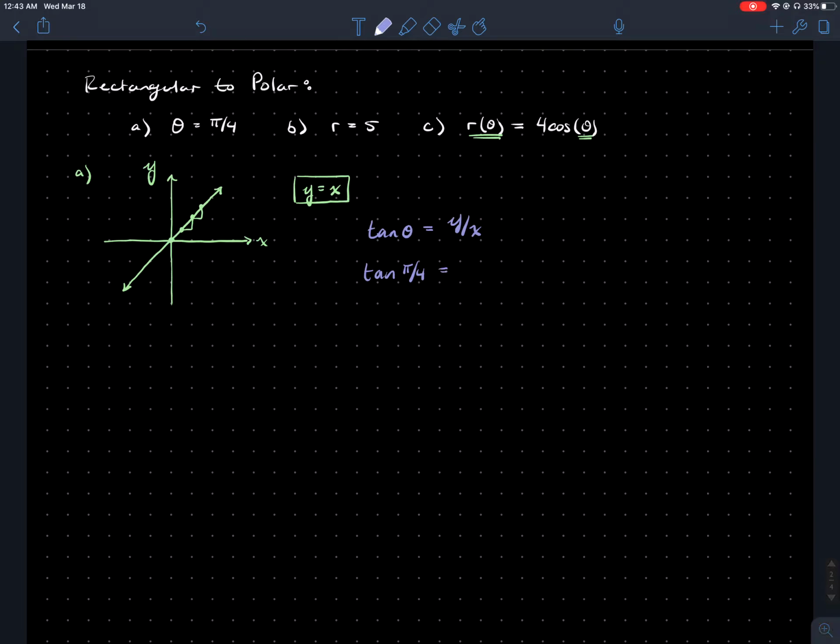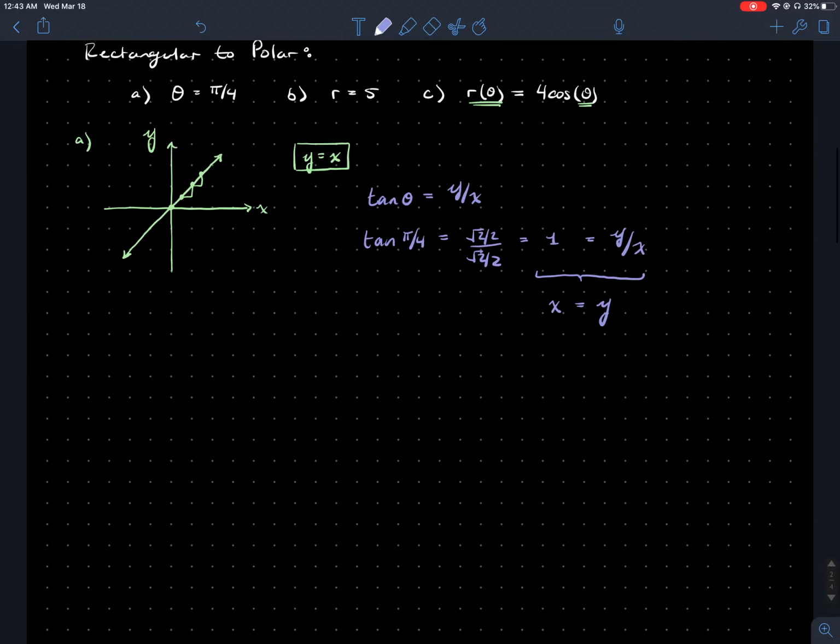So tangent of pi fourths is equal to square root of 2 over 2 over square root of 2 over 2, which is equal to 1, and this is still equal to y over x. And we can take this last component, that 1 is equal to y over x, and multiply x into both sides. So we have x is equal to y, or y is equal to x. It means the exact same thing. Okay? That's 2 ways that you can approach doing part A.